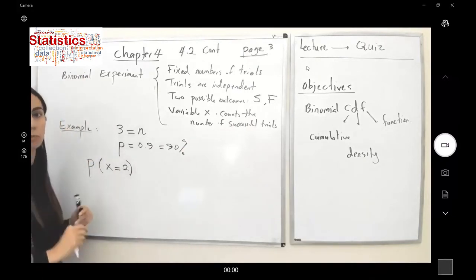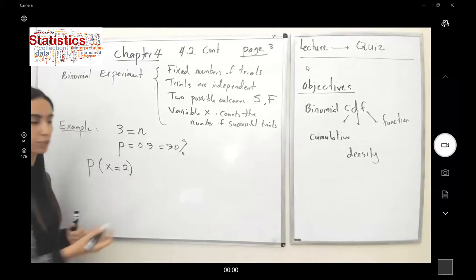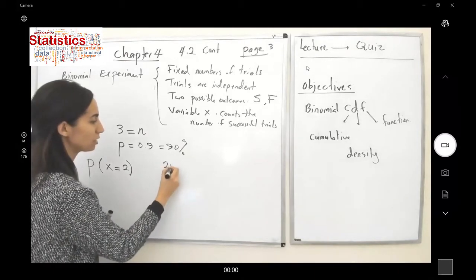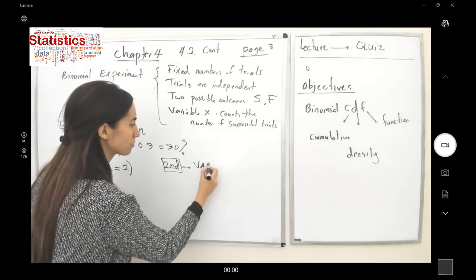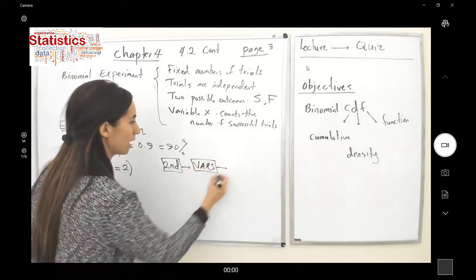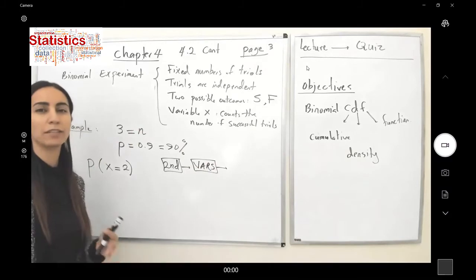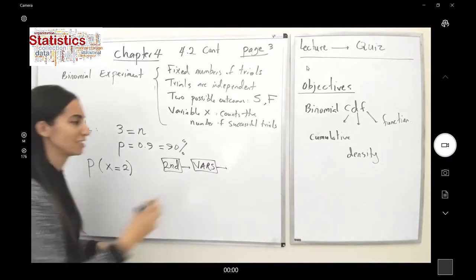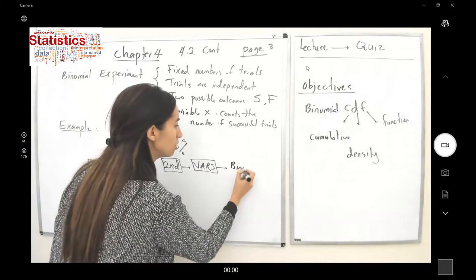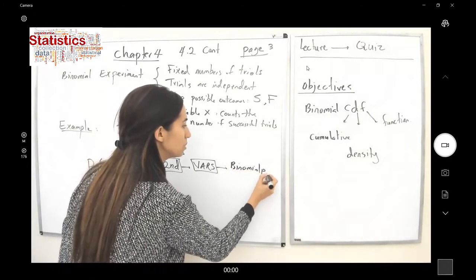To find this probability, remember that we use our calculator. We turn on the calculator, second, bars, and after that, based on TI-83, TI-84, or your online emulator, you have to find binomial PDF.